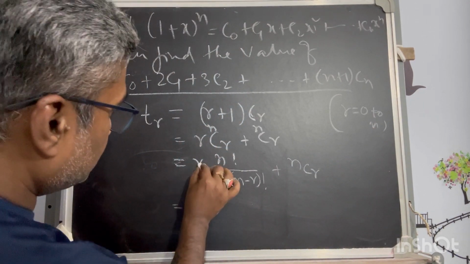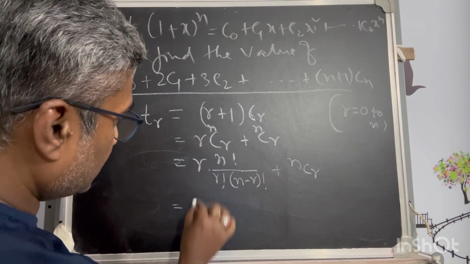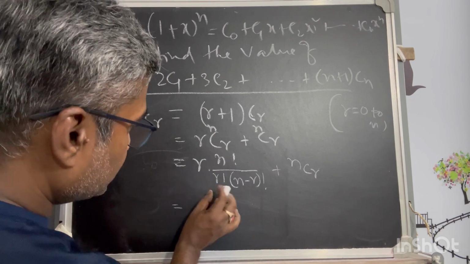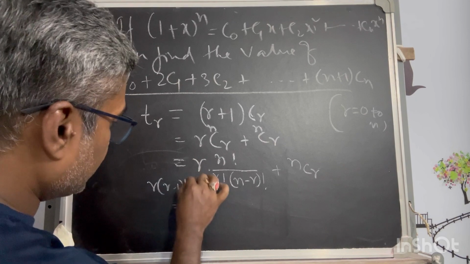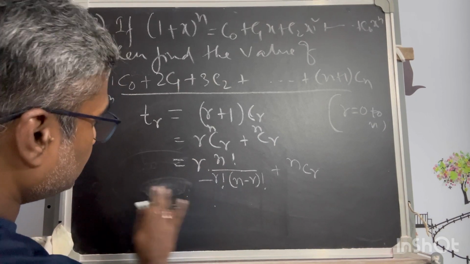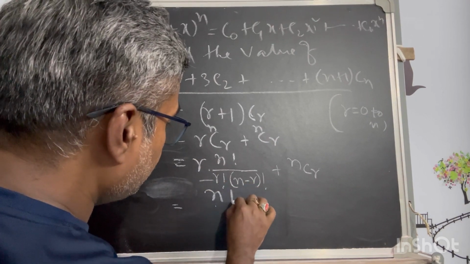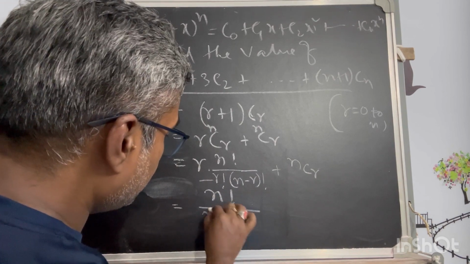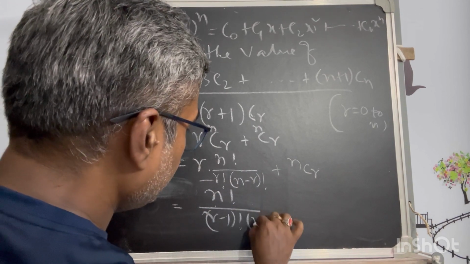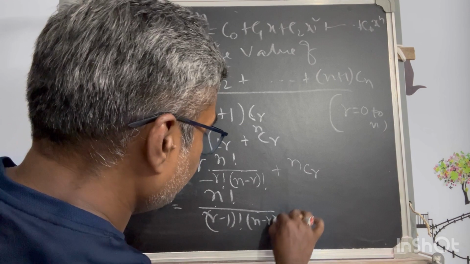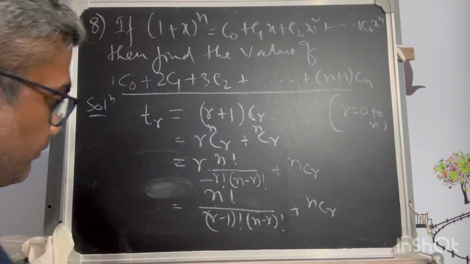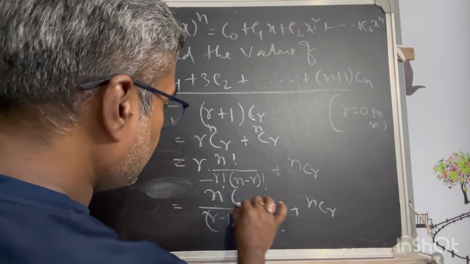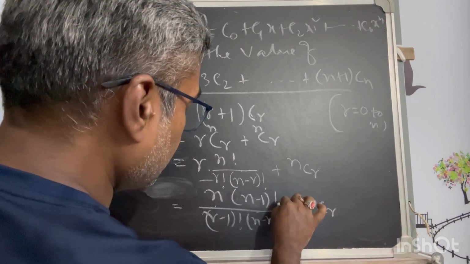Now seeing this, r factorial can be reduced to r minus 1 factorial. This is nothing but what? r into r minus 1 factorial. So r can be cancelled out. So I am writing n factorial divided by r minus 1 factorial into n minus r factorial, and this I will keep the same. Now this can be written further as n into n minus 1 factorial.